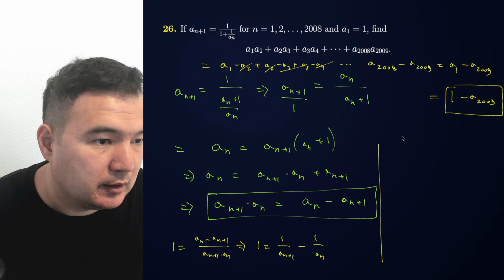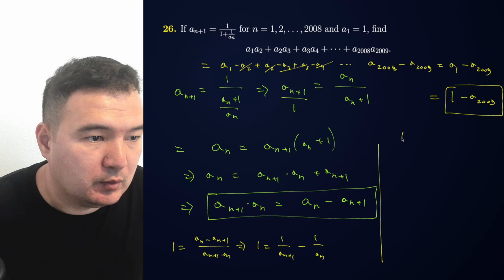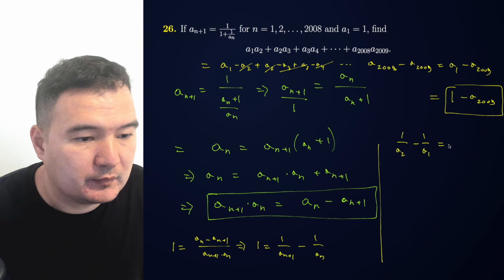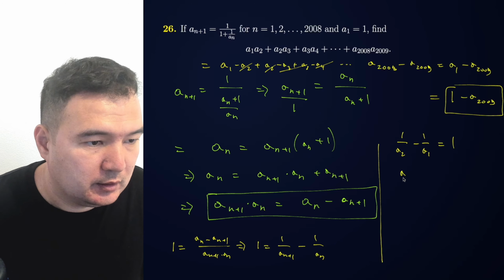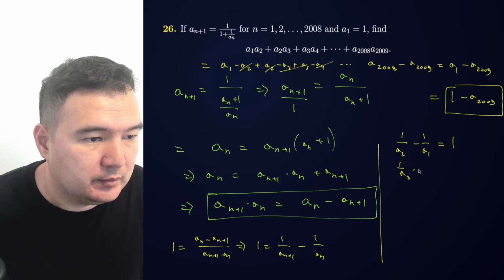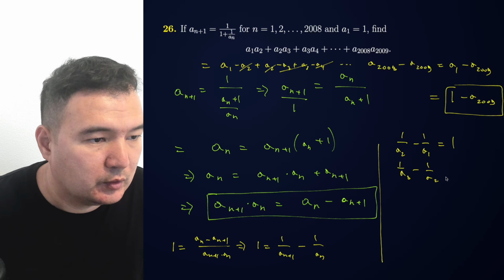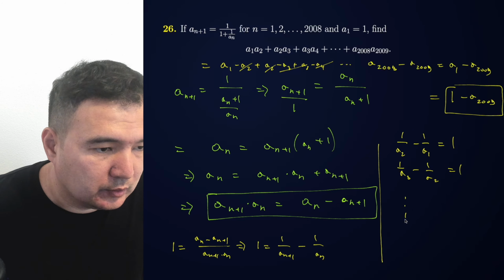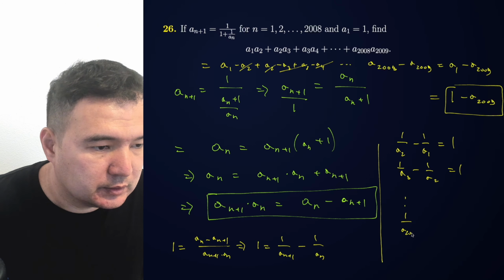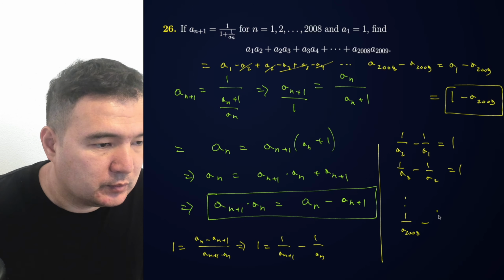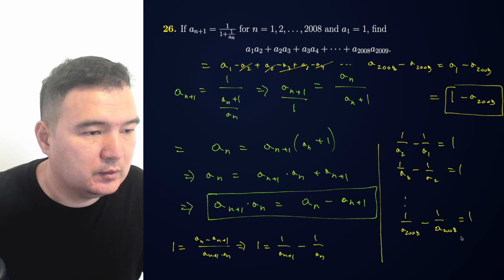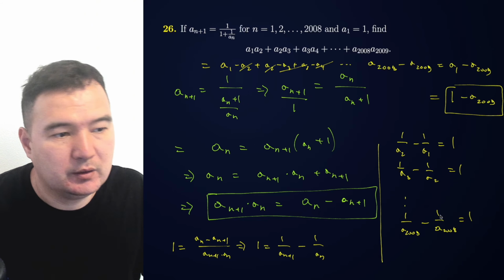If I write 1 over A2 minus 1 over A1, that's going to be 1, right? 1 over A3 minus 1 over A2, that's again 1. And so on, up to 1 over A2009 minus 1 over A2008, that's again 1. So I have 2008 equations.